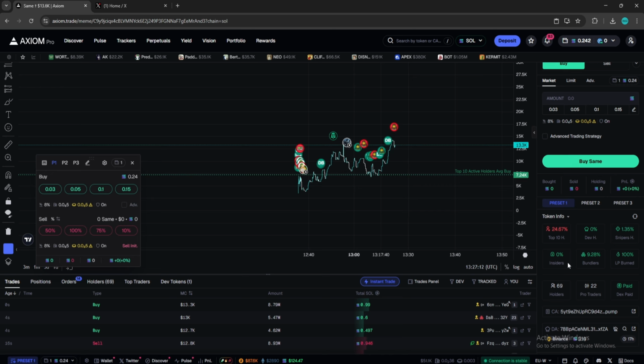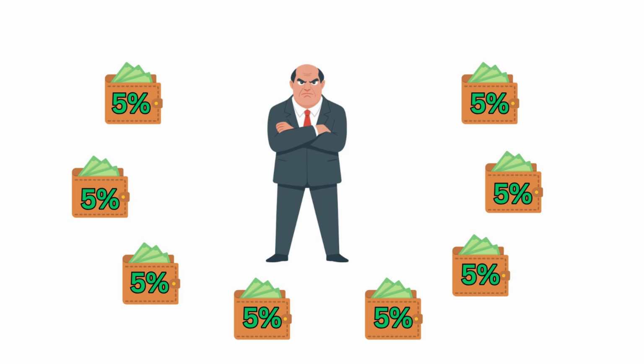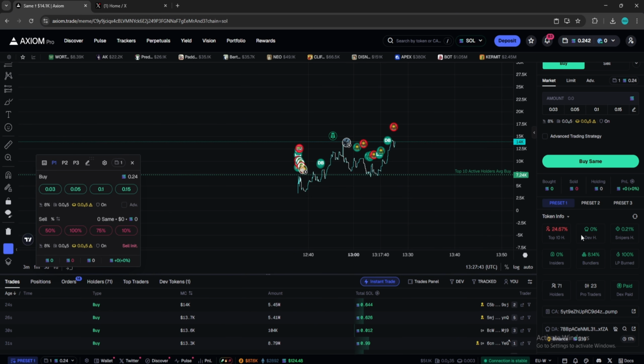I believe on the Kanye West coin the insiders were like 90%, and that was a crazy scam, I can't lie. Now bundlers, this is probably the main one you want to be looking out for. Bundlers are basically a group of wallets owned by the same person or entity that control a large portion of the supply. 8% is absolutely beautiful.